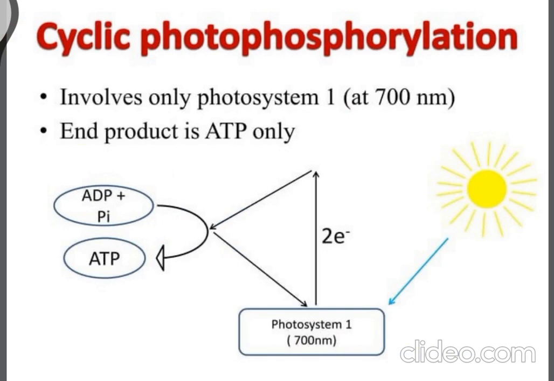Cyclic photophosphorylation involves only photosystem I at 700 nanometer. The product is ATP only, from ADP plus Pi.